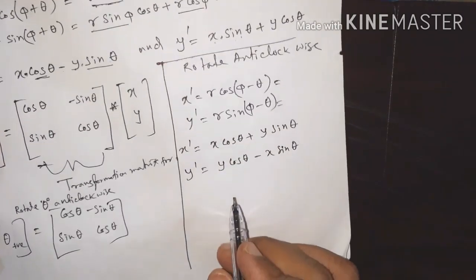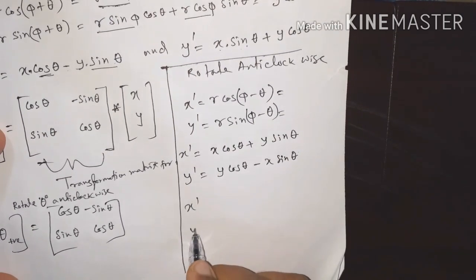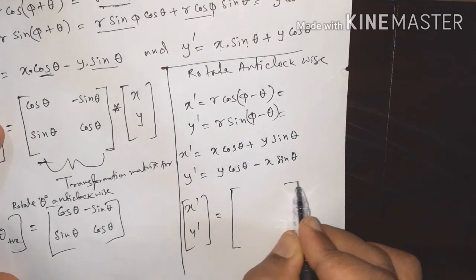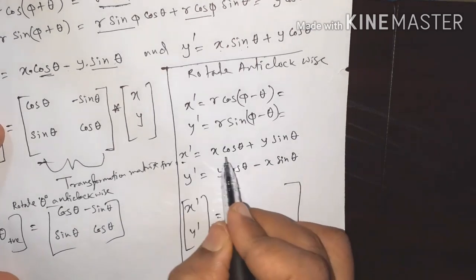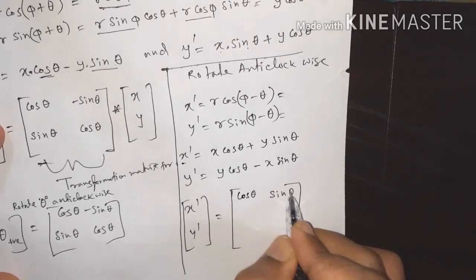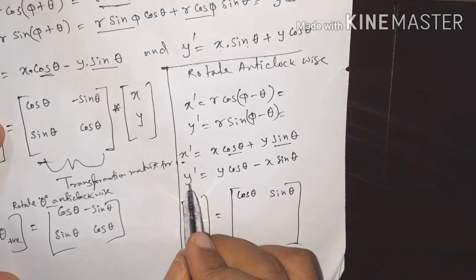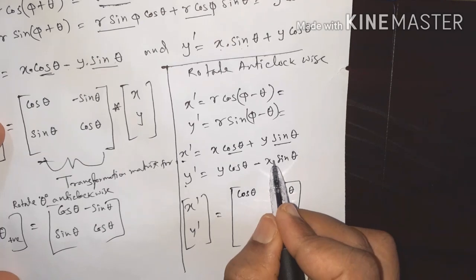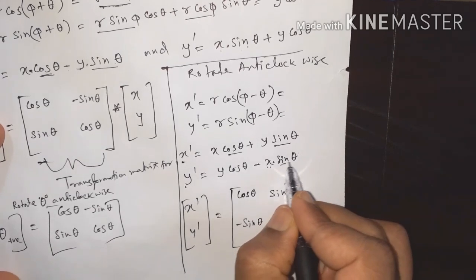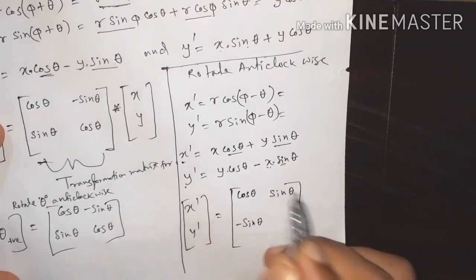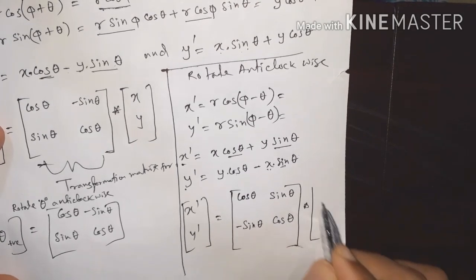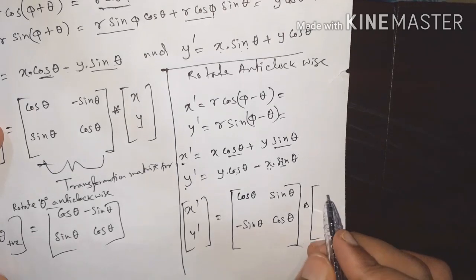If I represent this in matrix format, x prime, y prime equals: cos theta, sin theta, and minus sin theta, cos theta, where the coefficient of x in y prime is minus sin theta and the coefficient of y is cos theta, as we represent in column wise format.